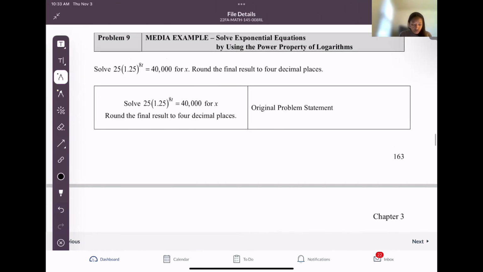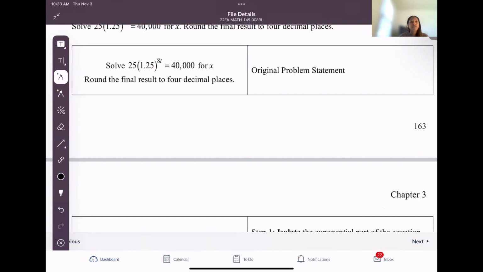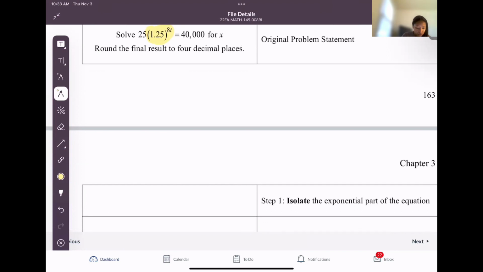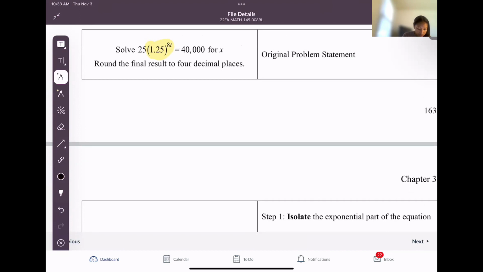All right, so for number 9, our problem is 25 times 1.25 to the 8t equals 40,000. Okay, so we're going to start off by taking our original problem. Before we introduce logs, we need to isolate the exponential term. In this case, the exponential term is the 1.25 to the 8t power. To isolate this, we're going to divide both sides of the equation by 25.